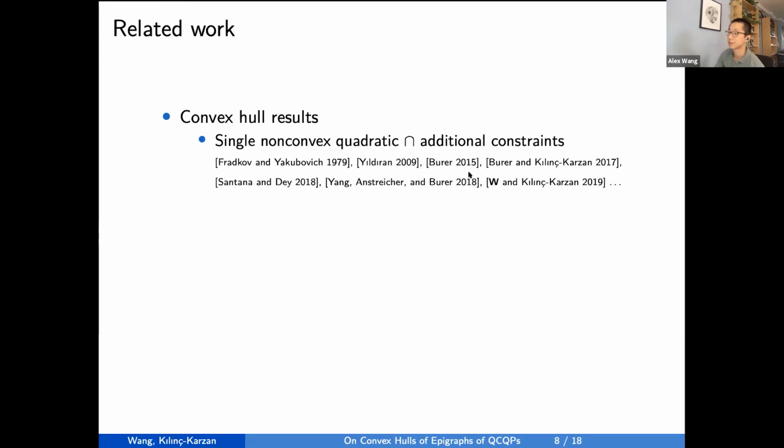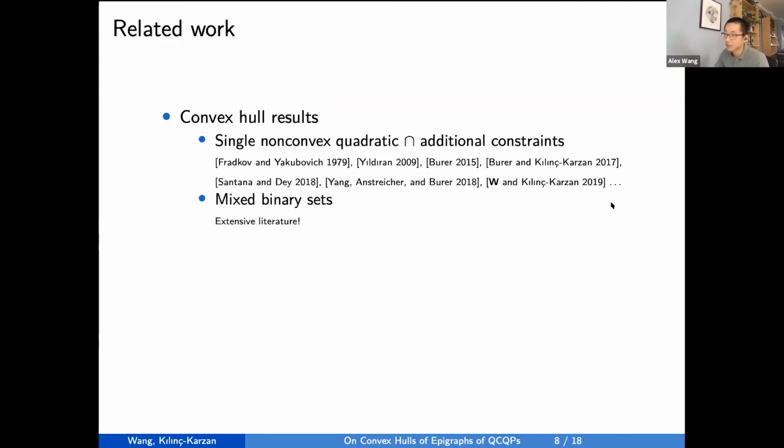This interesting survey article by Burer in 2015 gives an overview of the results up until this point, where the additional constraint is an ellipsoid with some number of linear inequalities. As another example, Santana and Dey show how to do this when the additional constraint is a polytope. In contrast to these results, I will not be making any assumption on the number of non-convex quadratics. Some of the results I'll show you today will actually extend to an arbitrary number of non-convex quadratics.